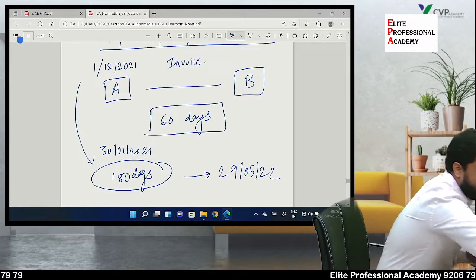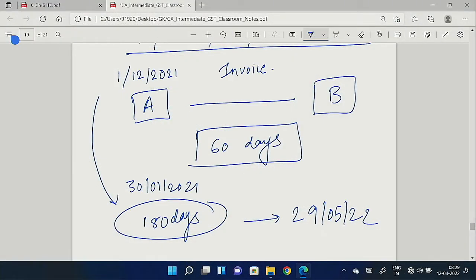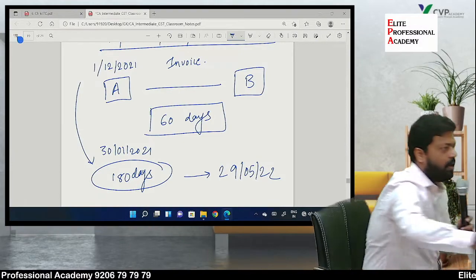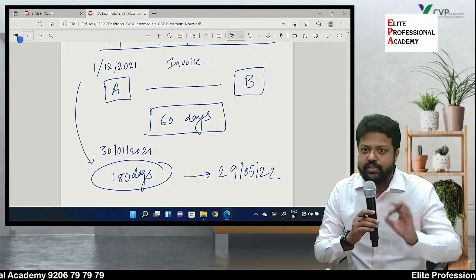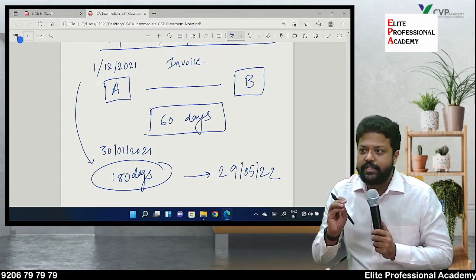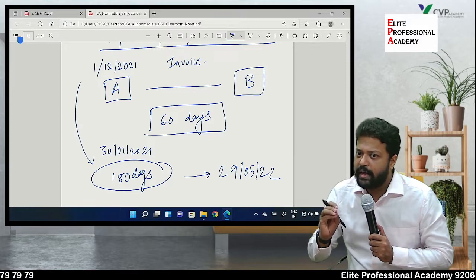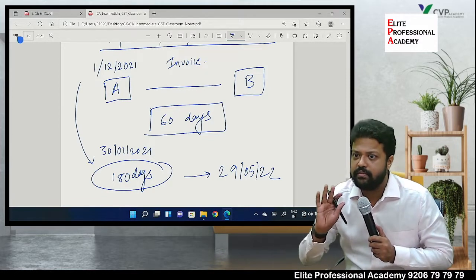So GST says if payment is not made, okay, just first tell me, whenever the invoice is received on 1st December 2021, Mr. B is going to claim the benefit of input tax credit of the same in which month?